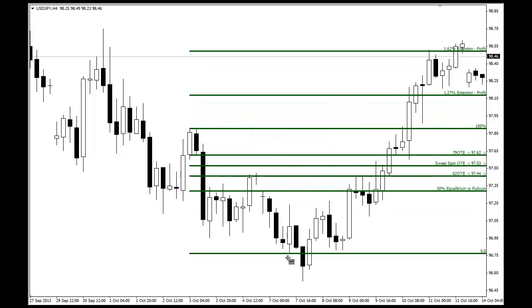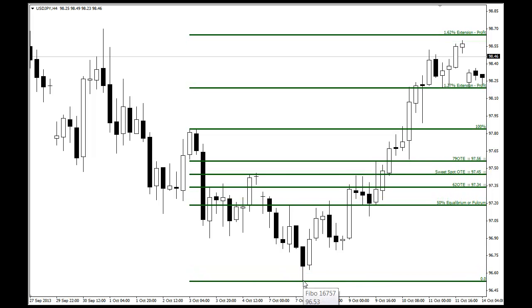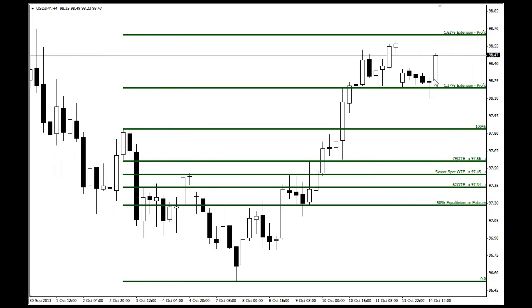Pull it down to the low, and then here's your 127, and we just fell short of the 162 here, and we just might get that in the coming days, or it could be just coming up to fill this gap. We don't know, but on the upside, this could be a very favorable target for a very short-term to intermediate-term trade on the yen.